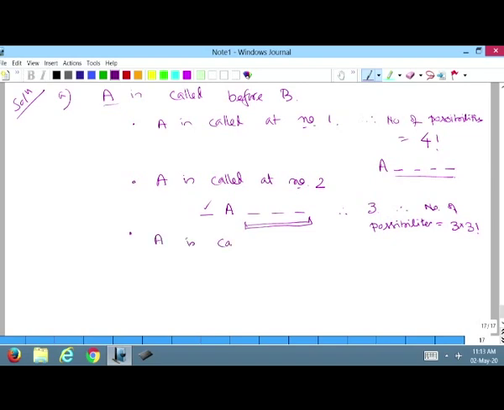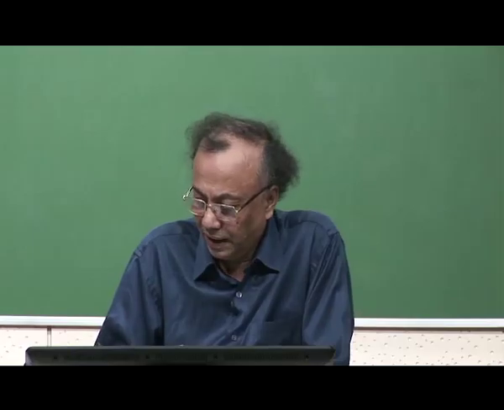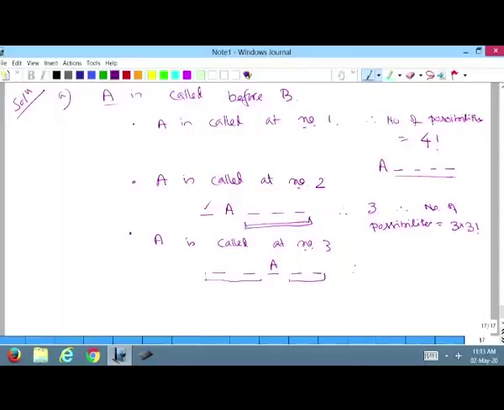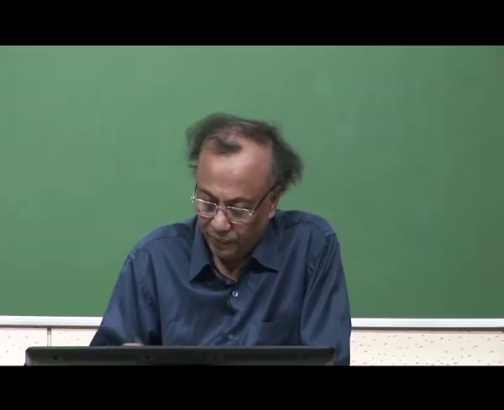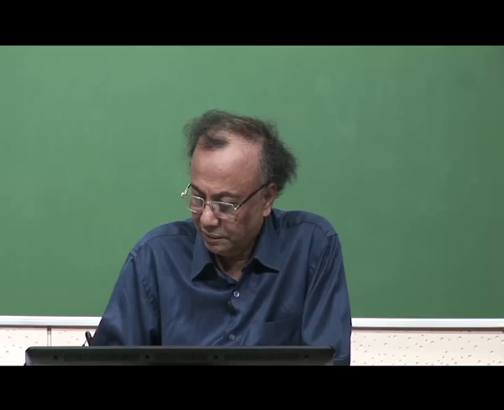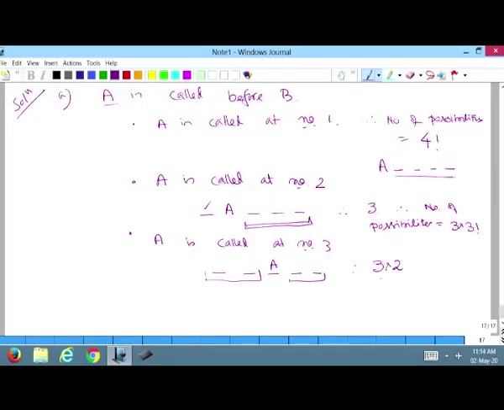Third is that A may be called at number 3. Therefore, B can be in one of these positions. Out of the other 3, you choose 2 and put them there. That can be done in 3 ways, and then they can be permuted among themselves in 2 ways.